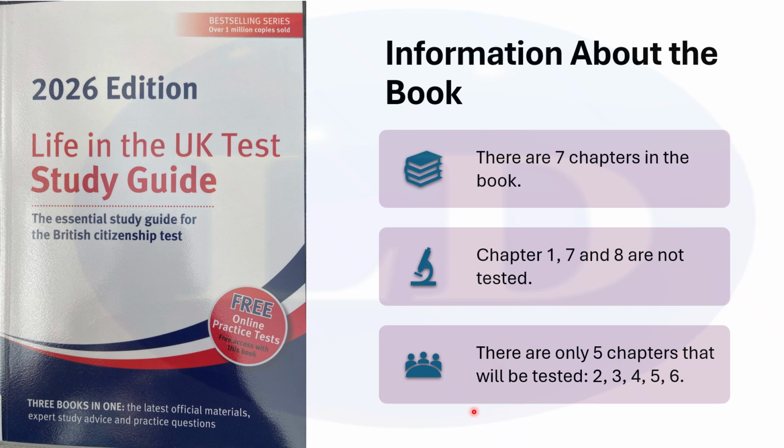There are only 5 chapters that will be tested, which is chapter 2, 3, 4, 5, and 6. So in this course, I will be obviously covering only these chapters. But today's video is about how to use the book and how to do things properly so that you can pass the test.